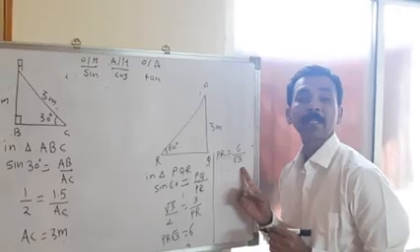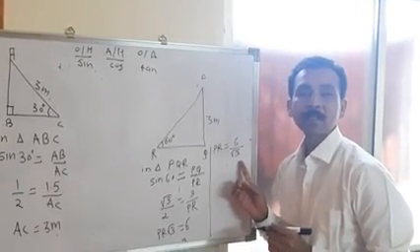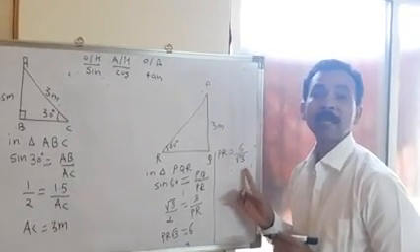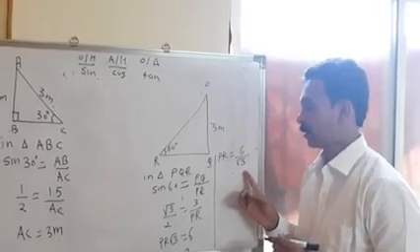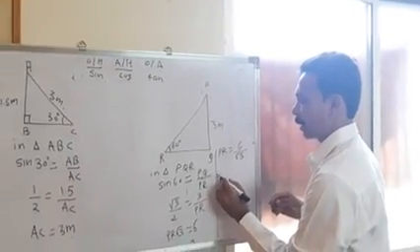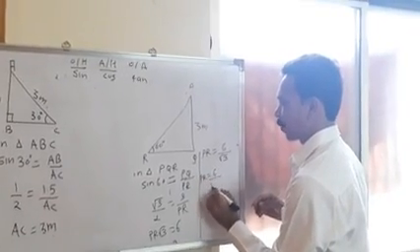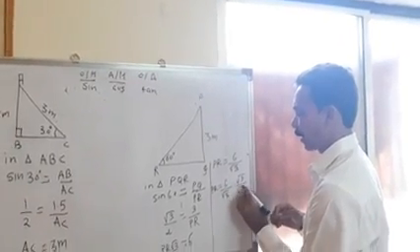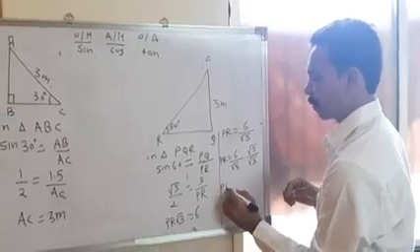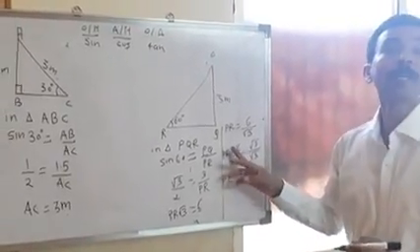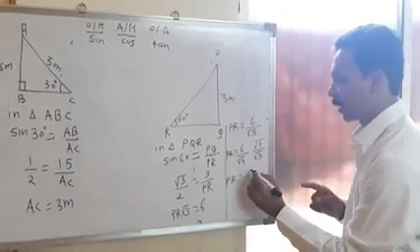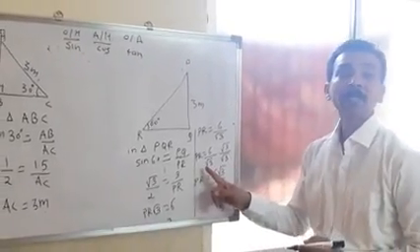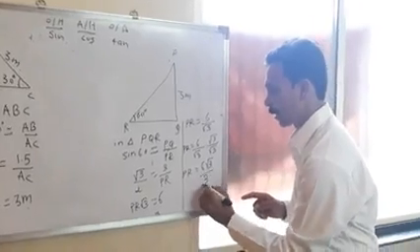But if you see here, root 3 is an irrational number. So whenever the denominator is an irrational number, we have to rationalize to make the denominator a rational number. So PR is equal to 6 upon root 3, into root 3 in the numerator as well as in the denominator. 6 into root 3 is 6 root 3, upon root 3 into root 3 which is 3.